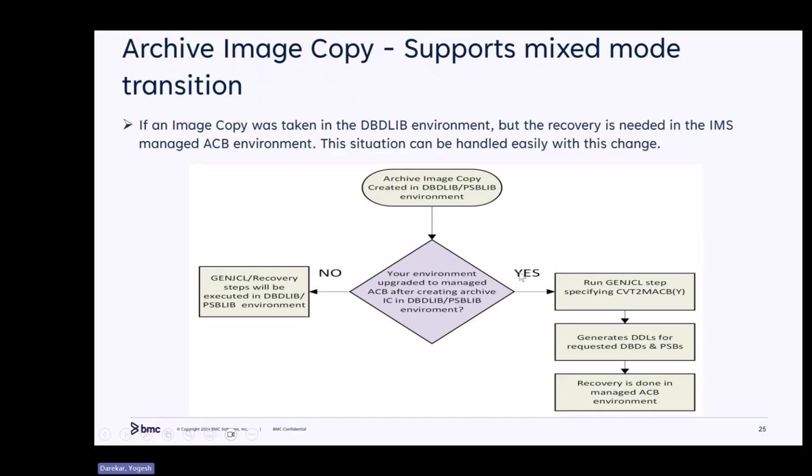If it is migrated, then we have to run the JNJSL step by specifying CVT to managed ACB, which is a new keyword introduced as part of the July 24 release. And then it generates all DDLs for your old DBD lib and PSB lib definitions for requested DBDs and PSBs, and recovery is done in the managed ACB environment.